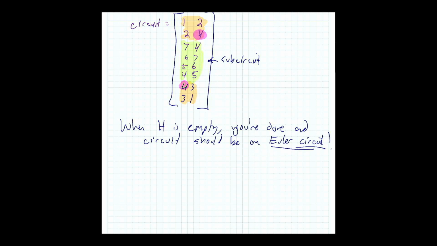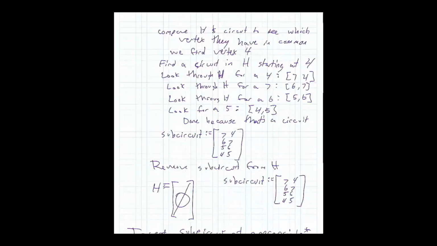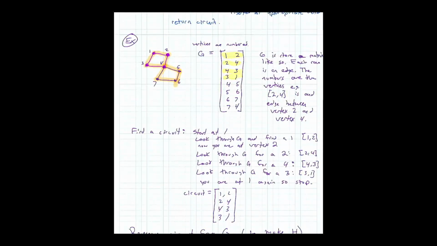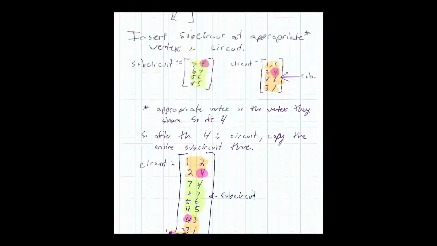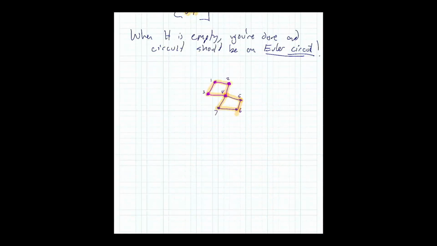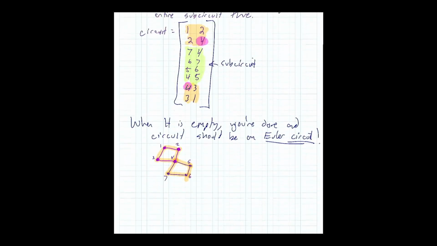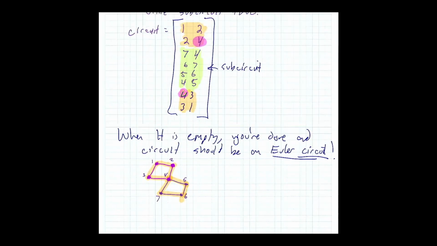So let's just see if that's the case. Let me find the graph here. Where's the original graph? Duplicate it. Come down here. And let's see what happens here. Let me delete all the colors on here and see if that makes sense.